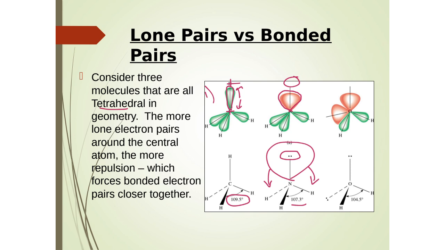Here in water, where you have 2 regions of negativity that are not bonded, notice how much bigger that repulsive area is. And again, it pushes down on your bonded oxygen-hydrogen bonds, and it tightens up the bond angle to 104.5. These are things you have to be aware of as we go through and we draw structures now. You need to show that the bond angles change, that they either become greater than or less than the standard bond angle.